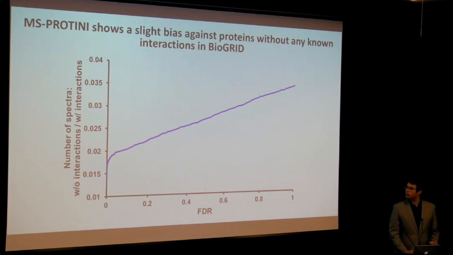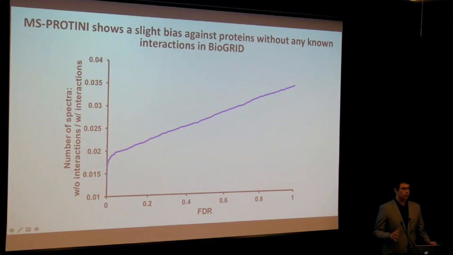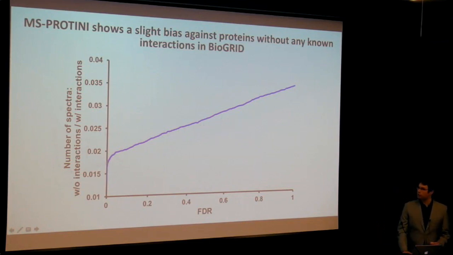We do see that there is most likely some bias in the proteins that we're identifying, because as the false discovery rate goes up, we see more and more proteins that don't have any interaction. So we might have included some bias against proteins that have no interactions, but it's not that they are simply tossed out. We are still able to confidently identify them, even if we don't have any interaction information about them.